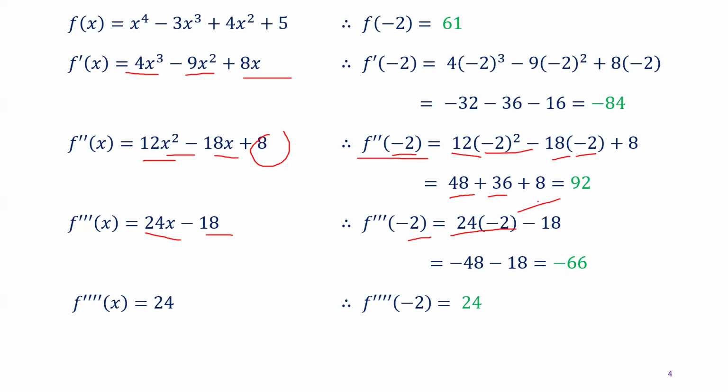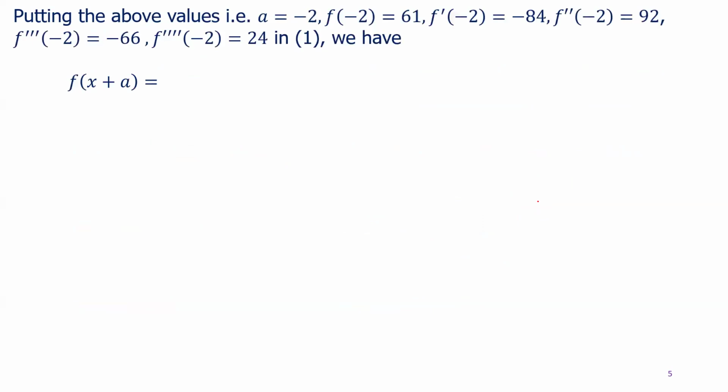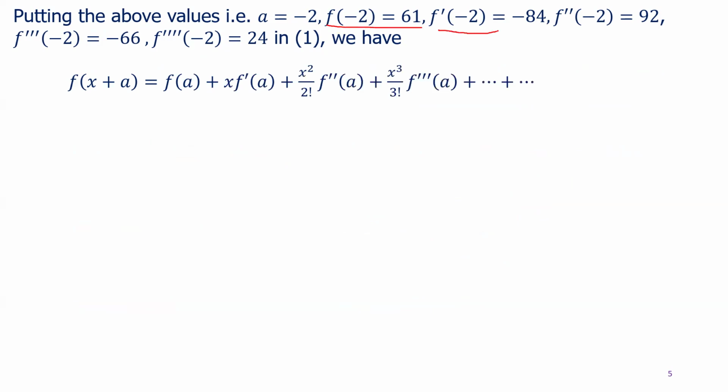Now we substitute all these values in equation number 1. That is, a is equal to -2, f of -2 is equal to 61, f dash of -2 is -84, f double dash of -2 is equal to 92, f triple dash of -2 is equal to -66, f4 dash of -2 is equal to 24.